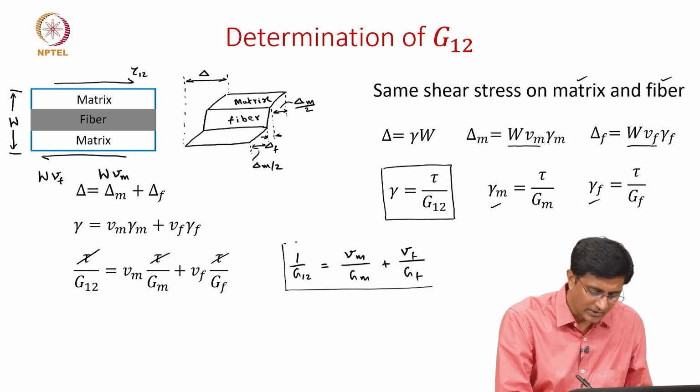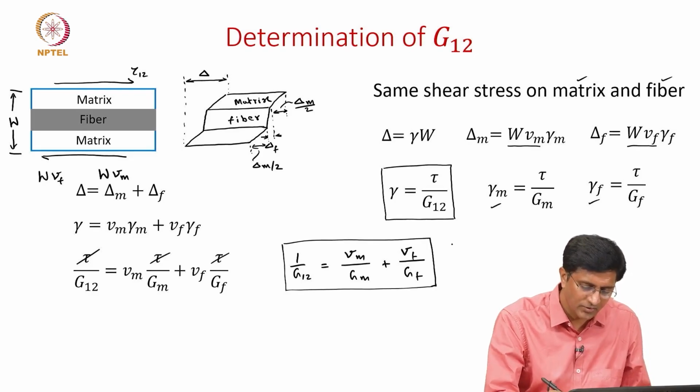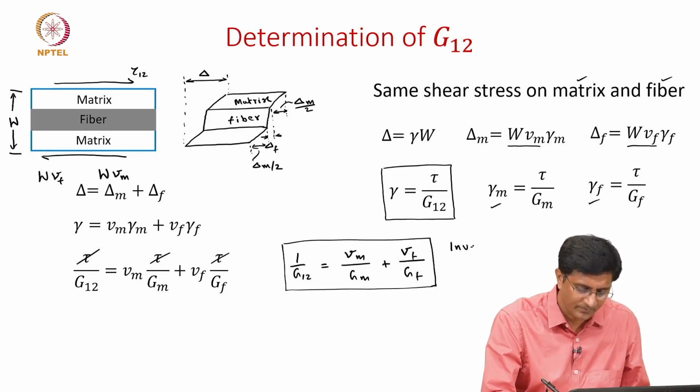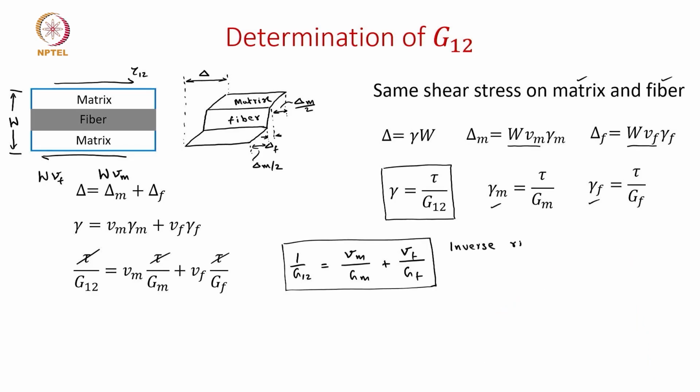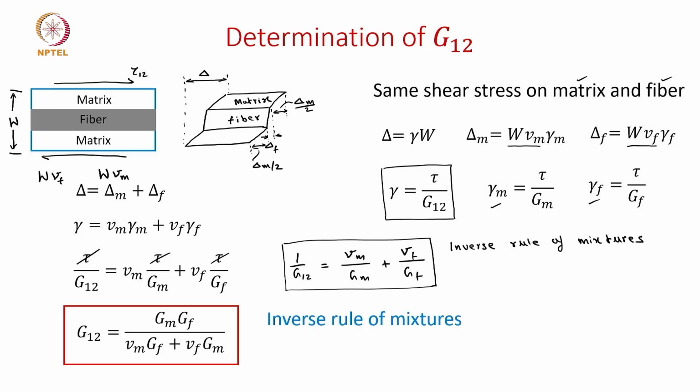This, as we discussed earlier, is the inverse rule of mixtures. Of course, this can again be rewritten for G12, which is shown here. G12 is again written in terms of the shear modulus of the constituents and the volume fractions.